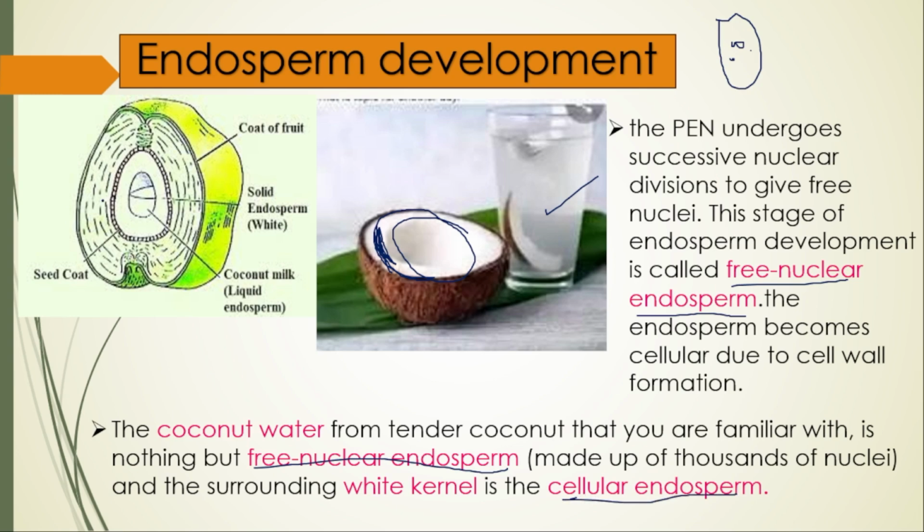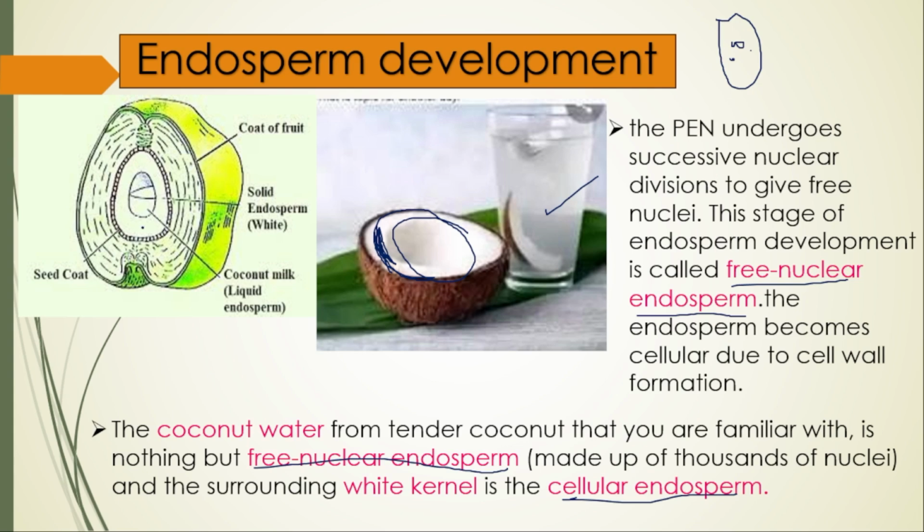See here, this one is the tender coconut. This is the seed coat, this is the water, and this is the white kernel. This liquid is coconut milk, I can call it, and it is liquid endosperm, that is free nuclear endosperm.